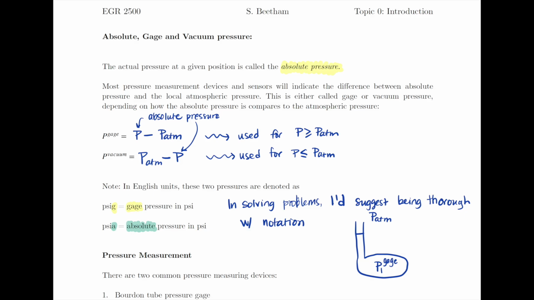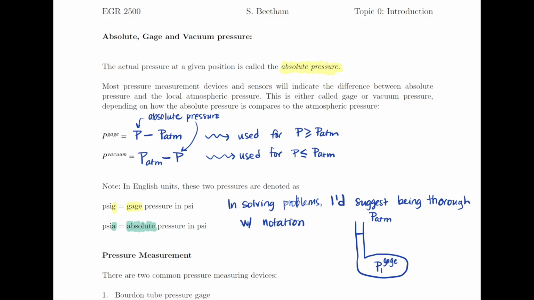There are a couple different flavors of pressure that we're going to need to be aware of. The actual pressure at any given position is called the absolute pressure. And that terminology will be used in contrast with the way pressure is measured with most devices in the laboratory.